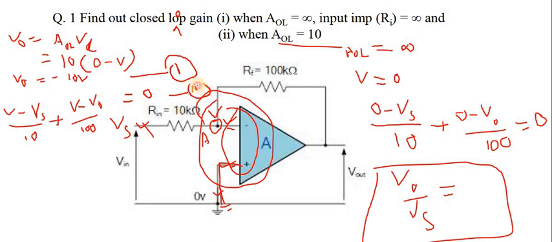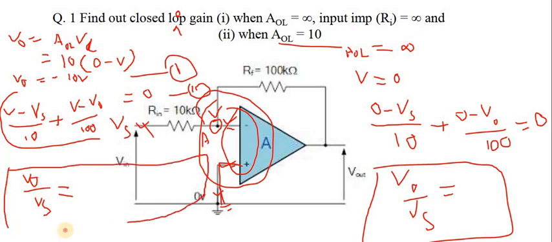You can find the value of V naught by Vs using these two equations. You don't keep V equal to 0. Here you need to write V equal to minus V naught by 10. In this equation, if you substitute V equal to minus V naught by 10, you can find V naught by Vs. This is the hint, but you have to calculate the final answer.